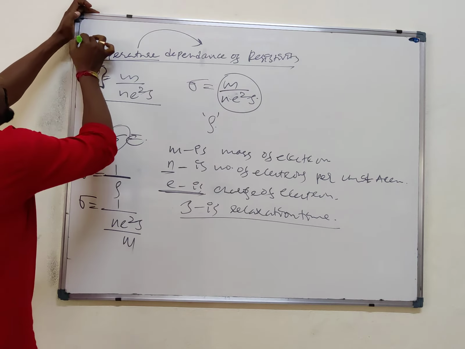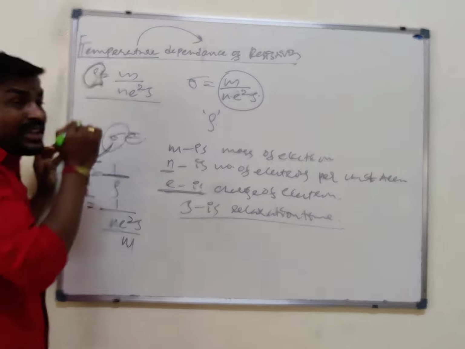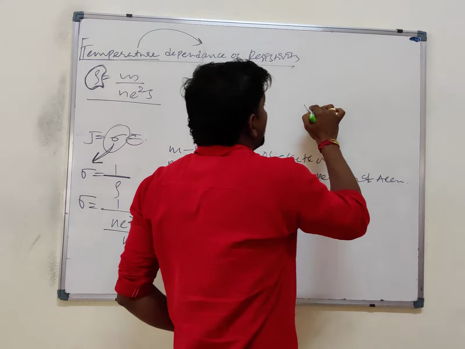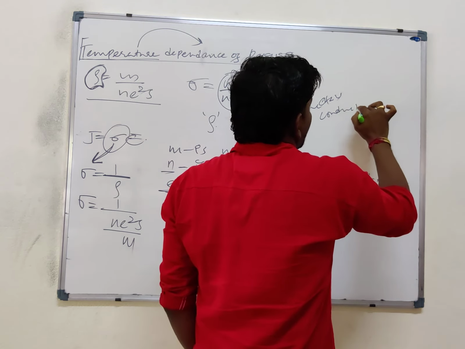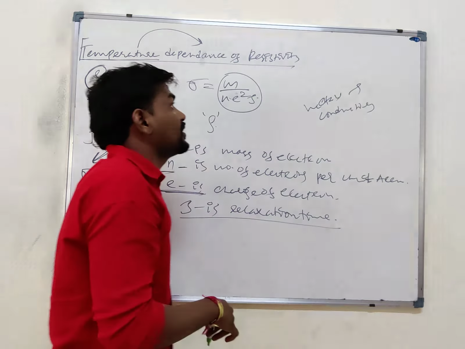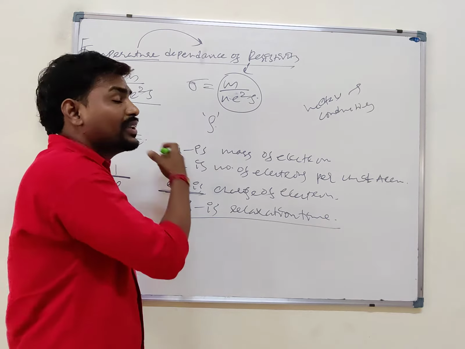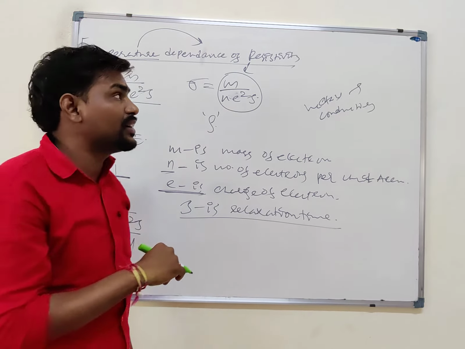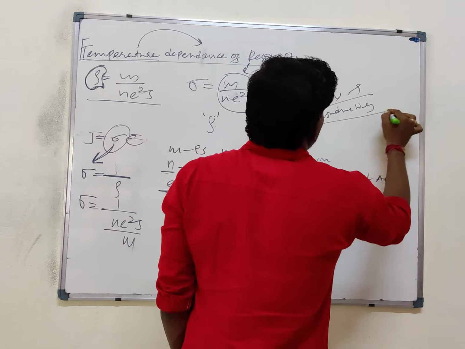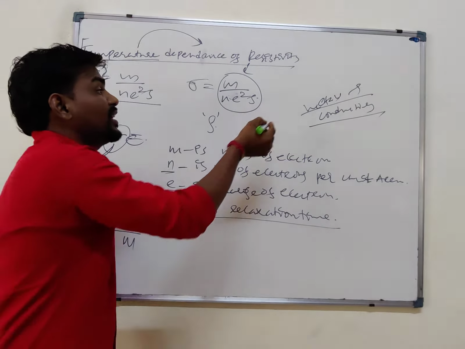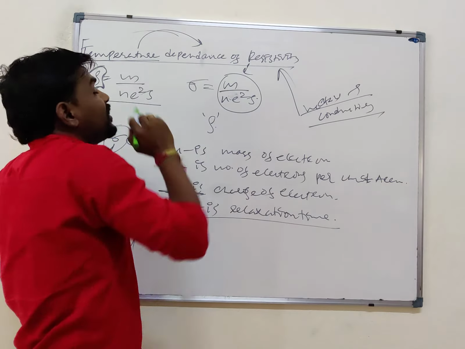So that is the temperature dependence of so many materials we discussed. Metals means conductors. In conductors, how the resistivity depends on temperature. We discussed the range also. Temperature range is also clear. In metals, what is the range, and how does the resistivity depend on temperature.